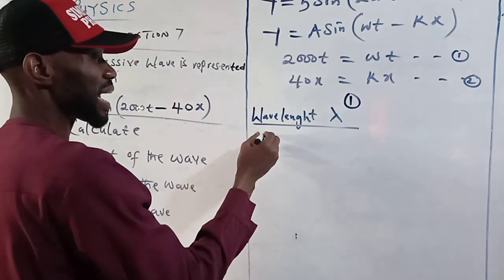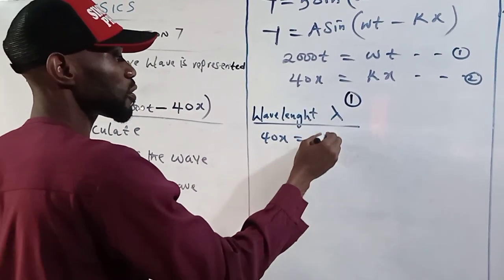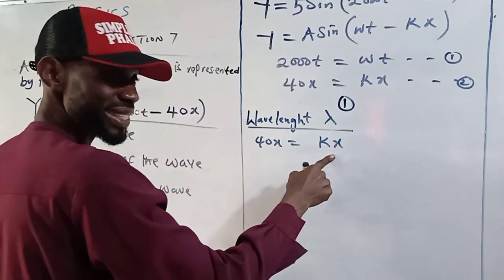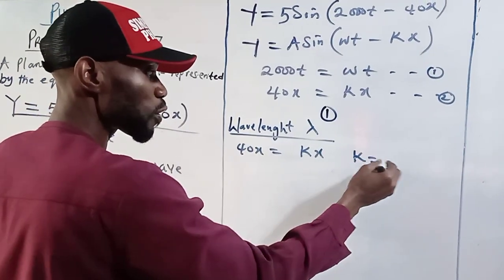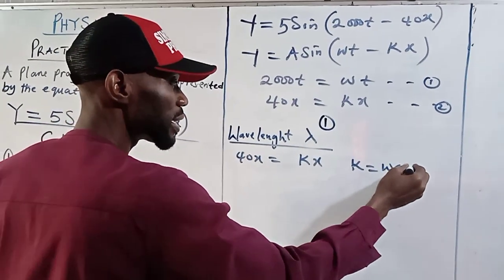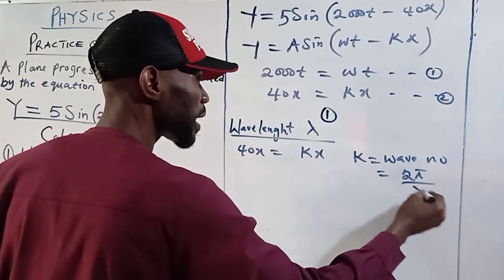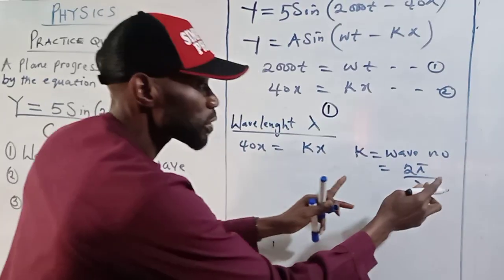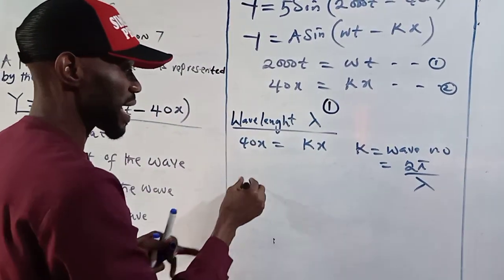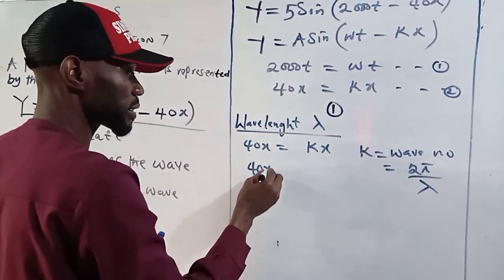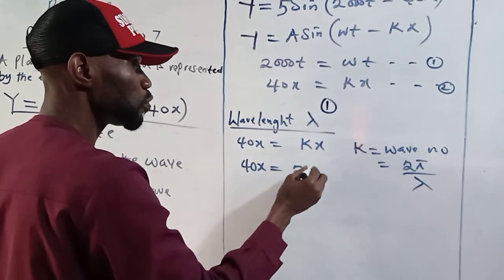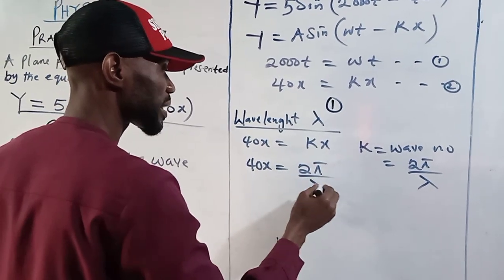In equation 2, I have that 40x is equal to kx. What is this k? k is the wave number, and it is equal to 2 pi all over lambda. So if I substitute 2 pi over lambda for k here, I will have 40x is equal to 2 pi x all over lambda.